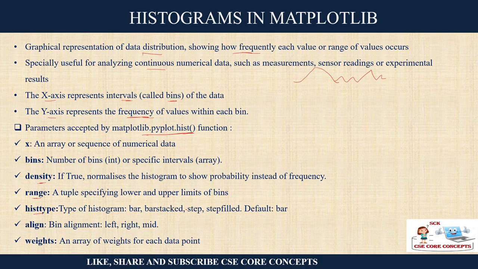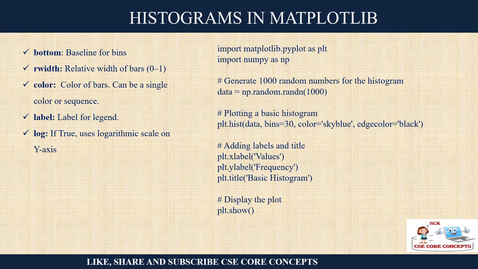Histogram type: the default is the bar histogram, the regular one, or you can choose step filled, or bar stacked, or whatever type of histogram. Alignment means left aligned, right aligned or mid aligned. And weights, the array of weights for each data point, if you want to assign some weights to each data point.